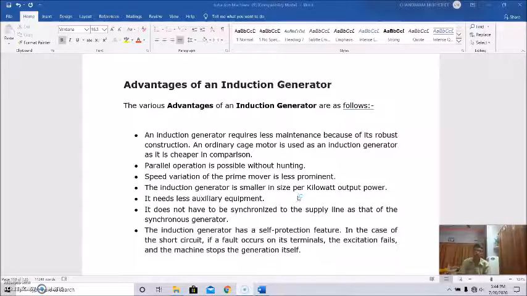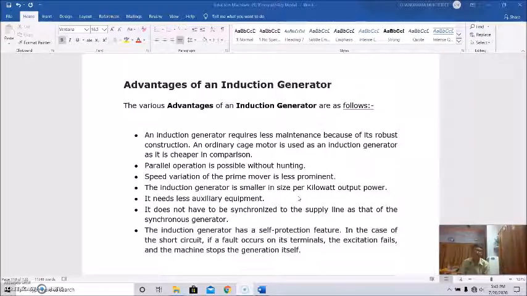This hunting is basically due to the speed variation of the prime mover, but here it is not effective because of the asynchronous nature of the speed of the induction generator.